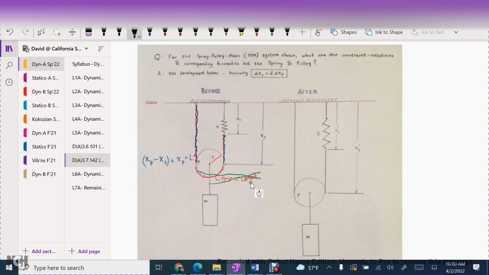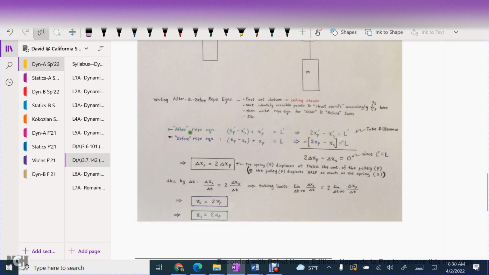Let me call it capital L. And I can do the same procedure on the right for the green slightly displaced configuration. And when I do, I get an after rope equation. I get the before rope equation that I just showed you. And then when I take the difference, you'll notice that I'm going to get 2 times delta xp minus delta xs is equal to 0.